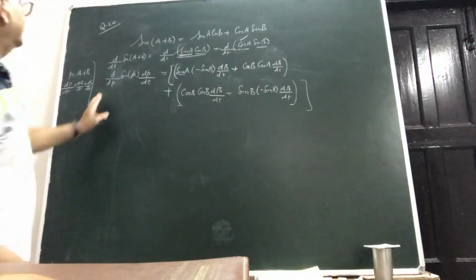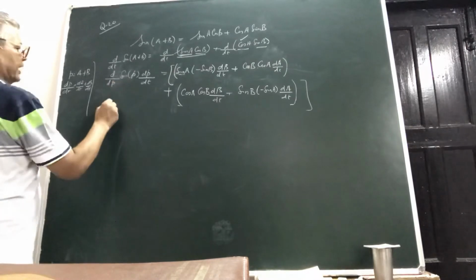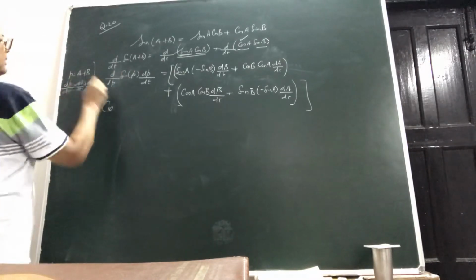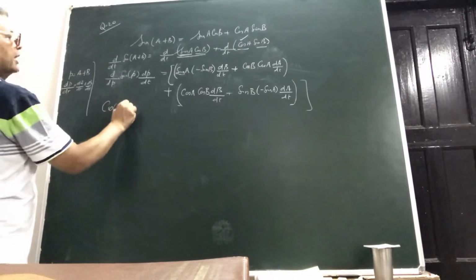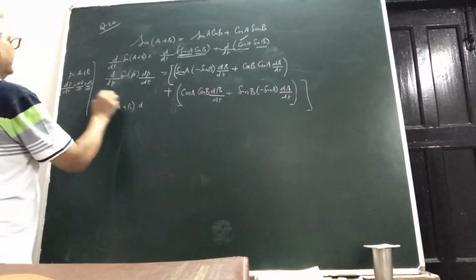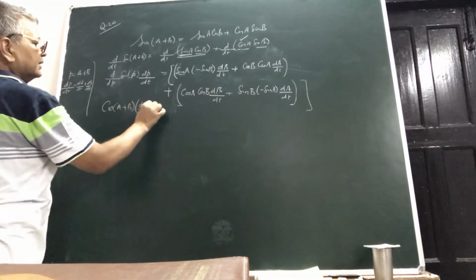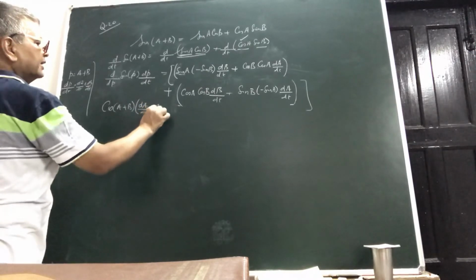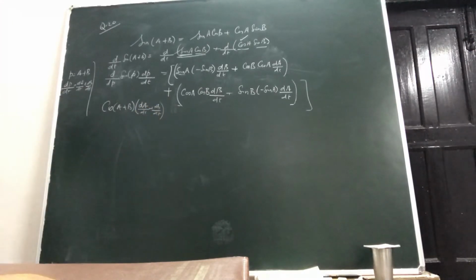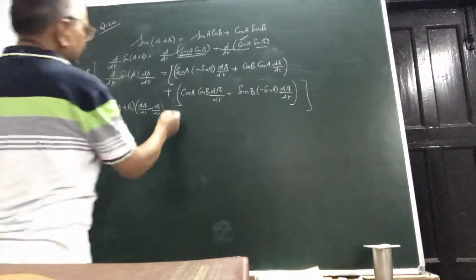Now see, d by dP of sine P is cos P, that is cos (A plus B), into dP by dt, and in place of this we can write dA by dt plus dB by dt. And this will be equal to what? Please see.